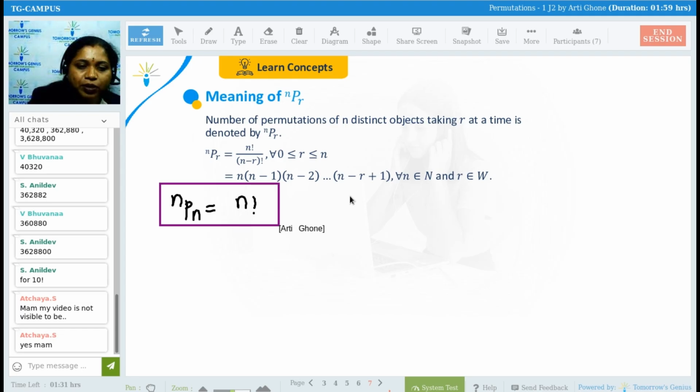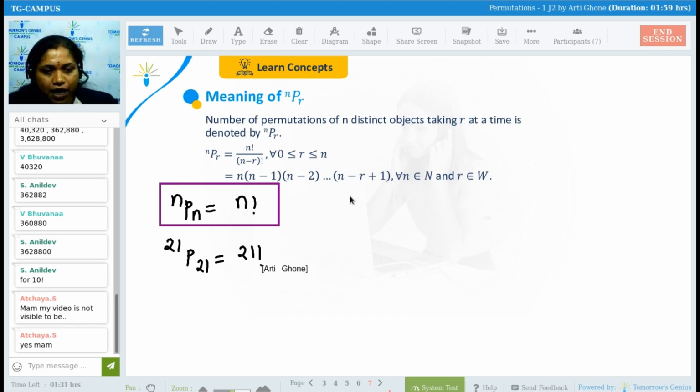Okay, so just remember the nPn shortcut is n factorial. So directly tell me, if I have 21 things to be arranged at 21 places, what will you directly write over there? 21 factorial. Clear? What will be the answer of nP0? nP0 is what?